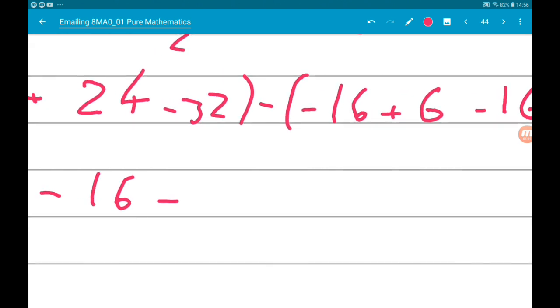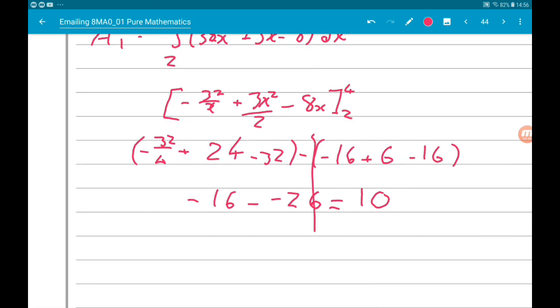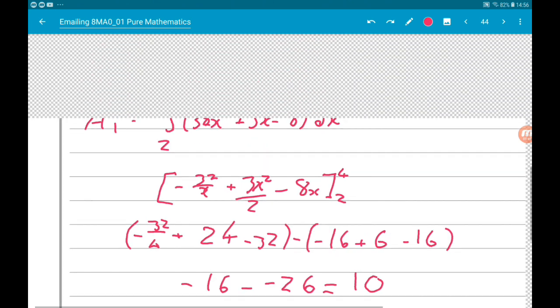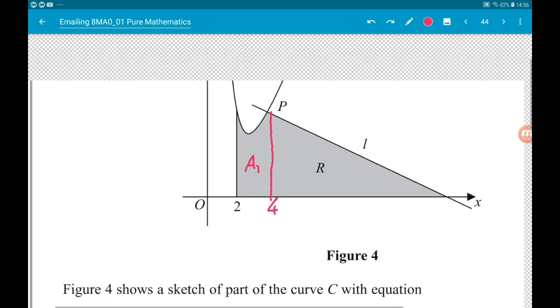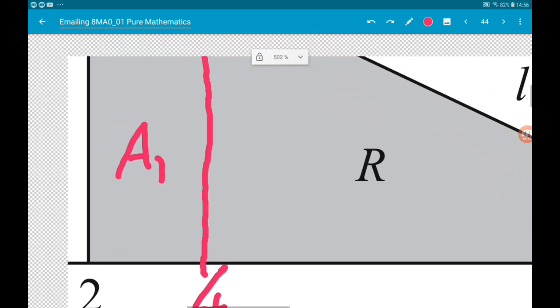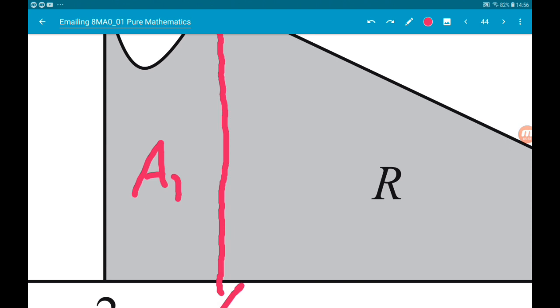So we've got minus 16 minus minus 26, which gives us 10. So the region A1 has an area of 10.